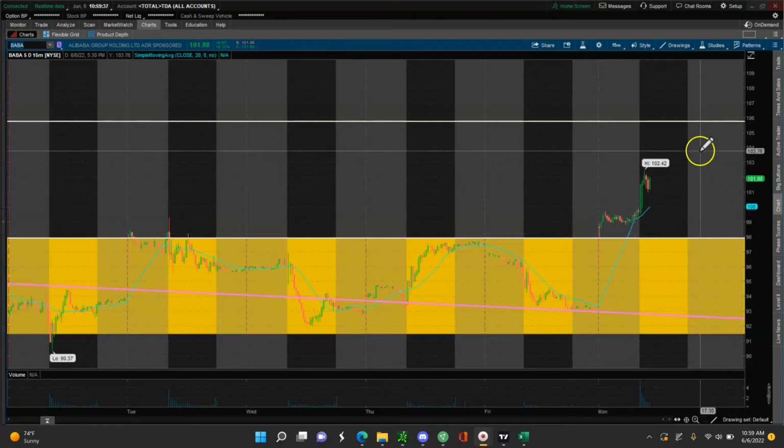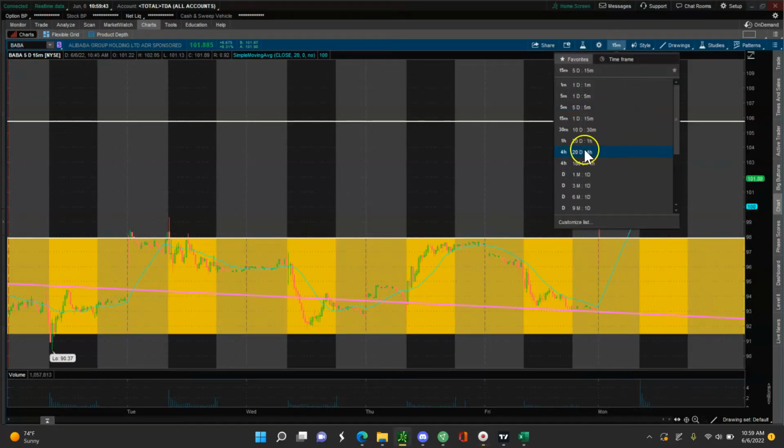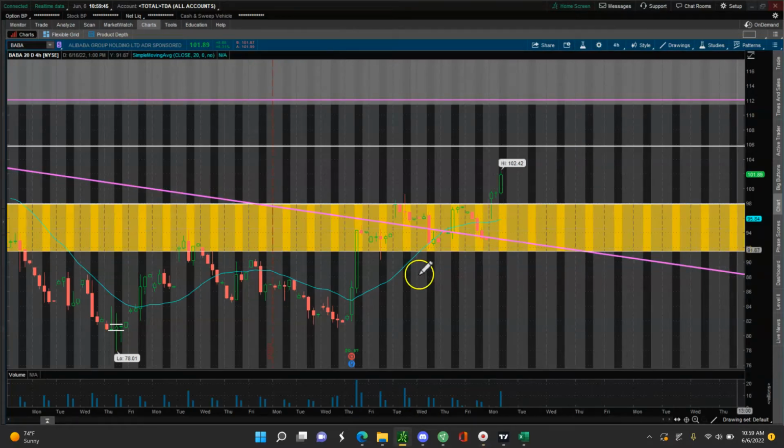So, for example, I'm looking at a 15-minute chart, and right now the 20 period moving average is right at 100. If I go to the 4 hour chart, you'll see that that same 20 period moving average, I didn't change the number or anything, it's at 95.84. That's because depending on the time frame, it's gauging from the close of the candles on that time frame.